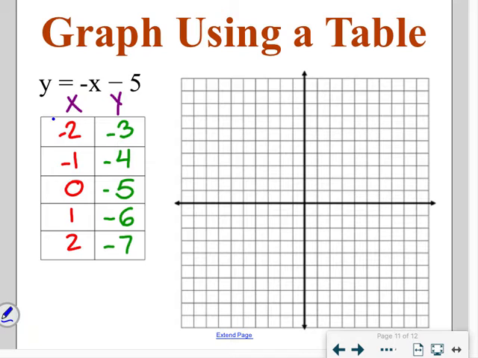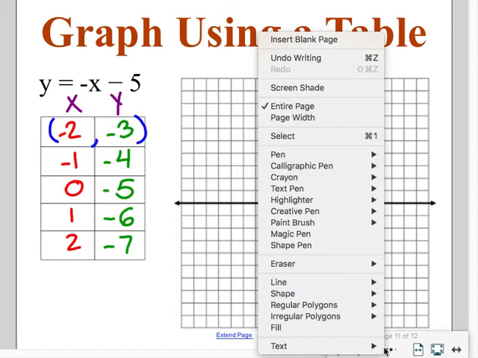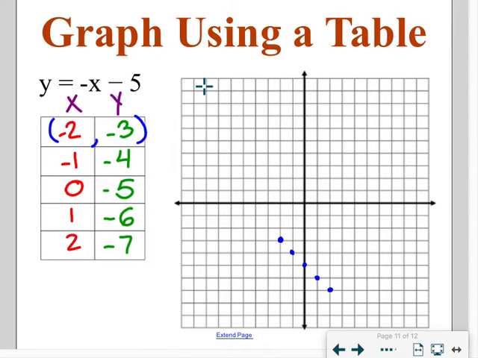We treat each of them like an ordered pair. So I go -2 and down 3, -1, down 4, 0, -5, 1, -6, 2, -7. If you get a point that does not fall directly on your line, that means that you have done something wrong and you need to go back and check that you plugged in your values correctly, because this should be forming a straight line.